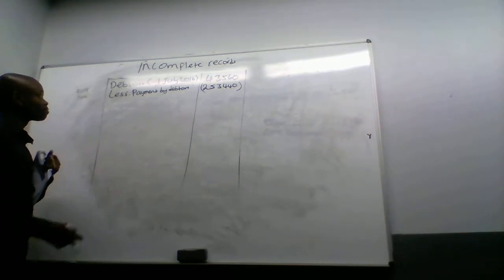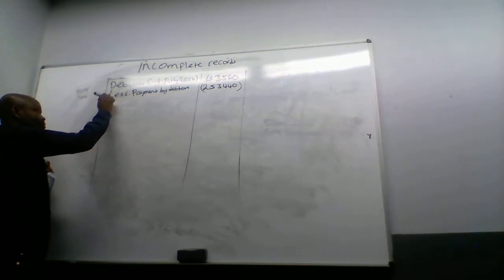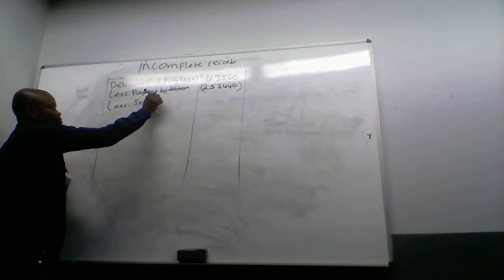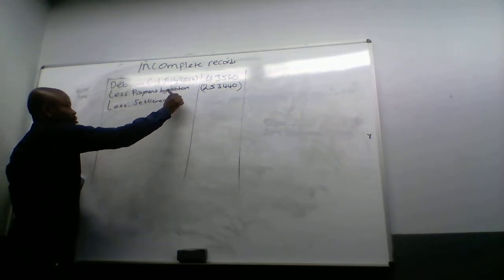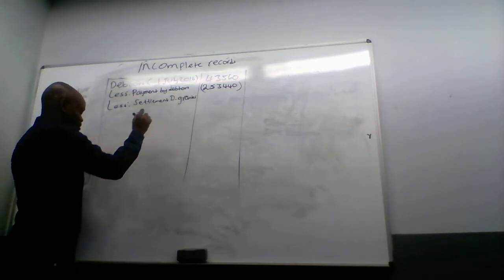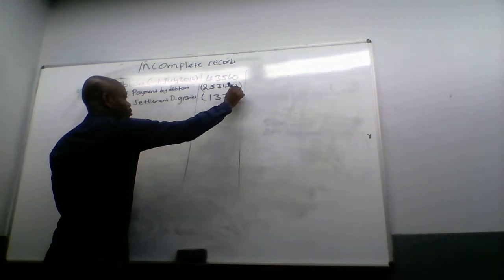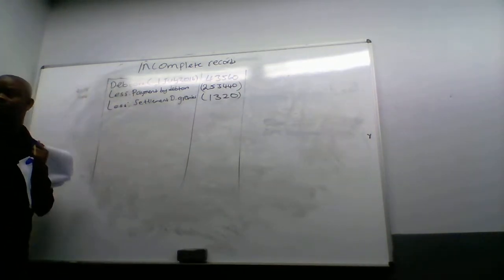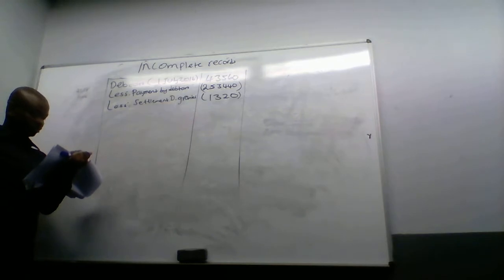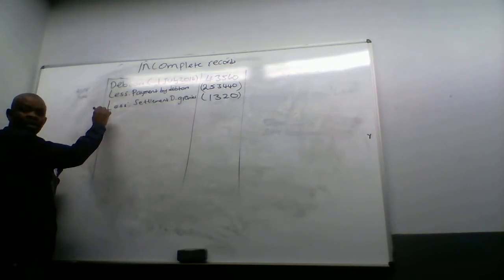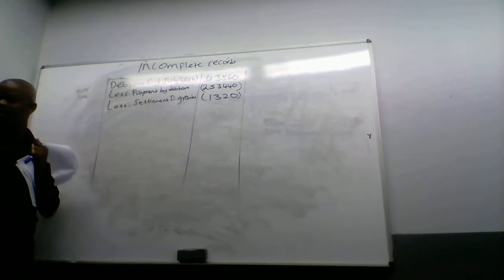Settlement discount granted to debtors. Less or add? Less. How much? 1220. Returns by debtors. Less or add? Add. But they're bringing back the stock, so don't we have to?